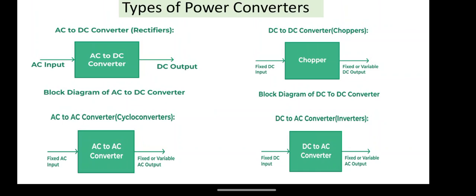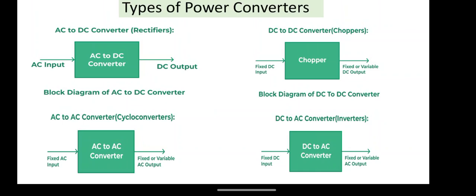So here we will be seeing buck converters, boost converters, buck-boost and Cuk converters. Next comes the cycloconverter, which converts the fixed AC voltage and frequency into a variable frequency and magnitude AC voltage. This is called a regulator or a cycloconverter.